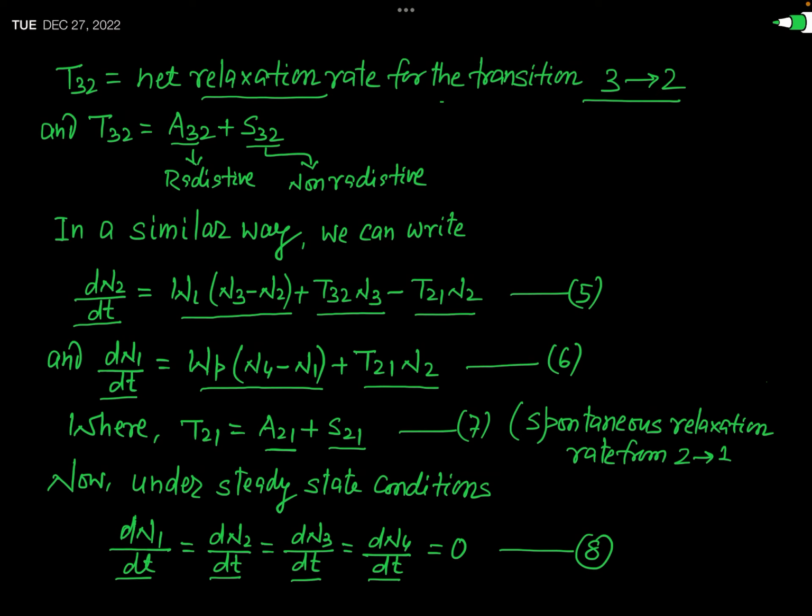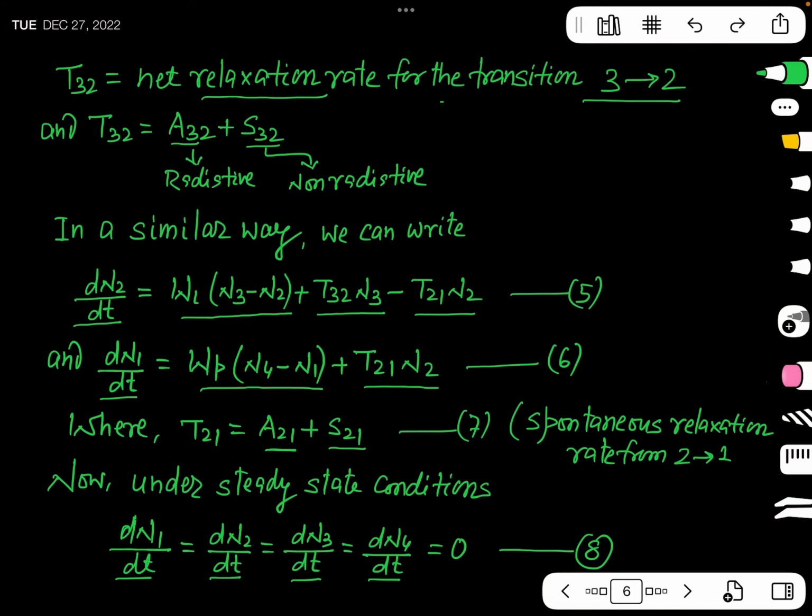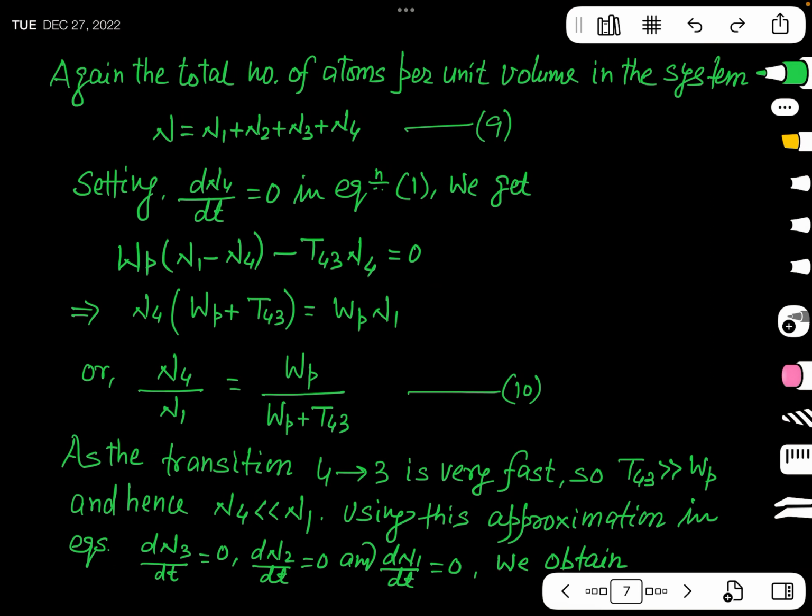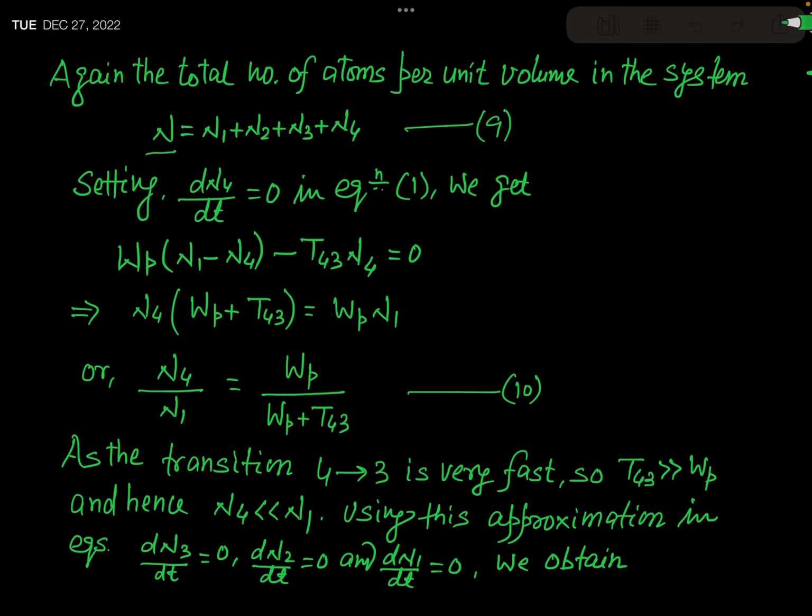At the same time, the total number of atoms per unit volume of this system will be simply N1 plus N2 plus N3 plus N4, and that will be a constant.